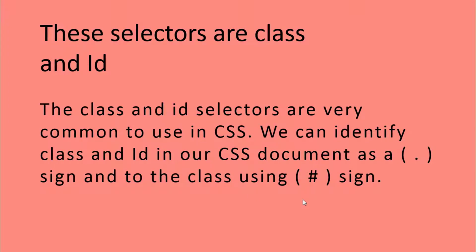The class and ID selectors are very commonly used in CSS. We identify class and ID in our CSS document as a dot for class and a hash sign for ID.